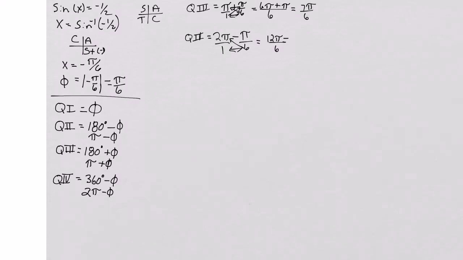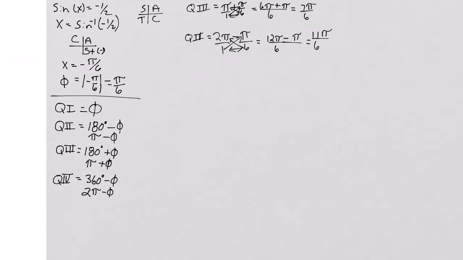Bring your operator over, minus. Multiply bottom front to back top. 1 times pi is pi. Do your math on top. My bottom is still 6. My top becomes 12 pi minus pi, which is 11 pi. So this is the angle in quadrant 4, where my sine value is going to be negative 1/2. And if you look at your unit circle, that is a true statement.